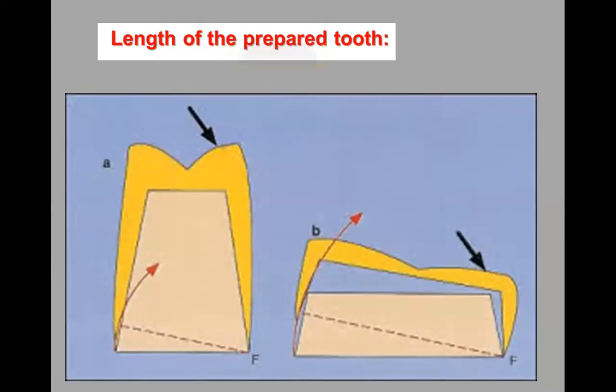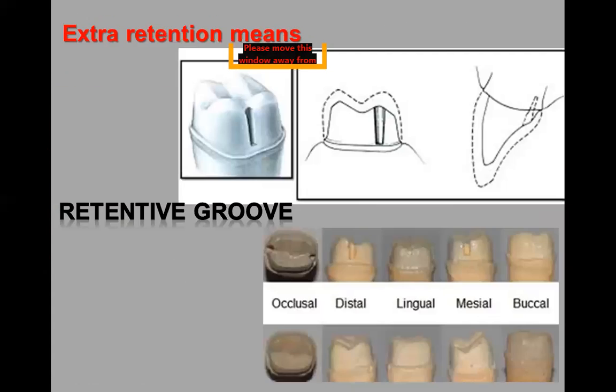When we narrow the dimension of the preparation, the arc of rotation will be obstructed by the tooth structure, and it will increase the retention of the restoration.